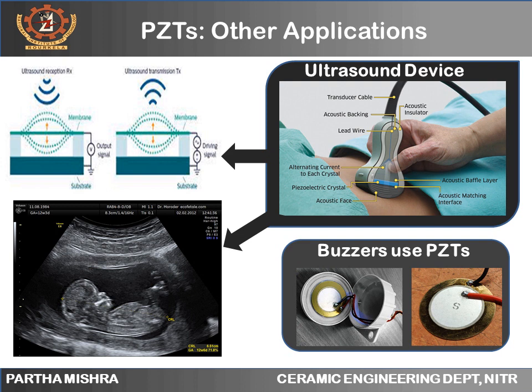These sound waves then go into the mother's womb and will hit the baby's organ and bounce back. Now as these bounced back waves are received by another piezoelectric material, PZT, it basically takes the pressure waves and turns them into electrical signals, which then could be measured.